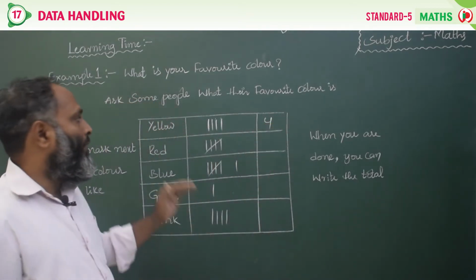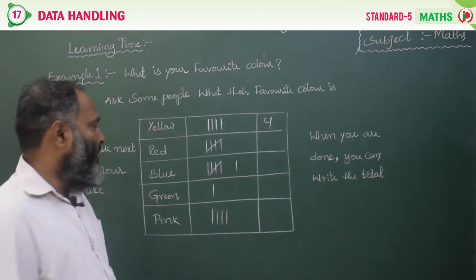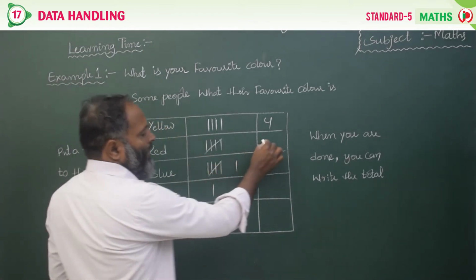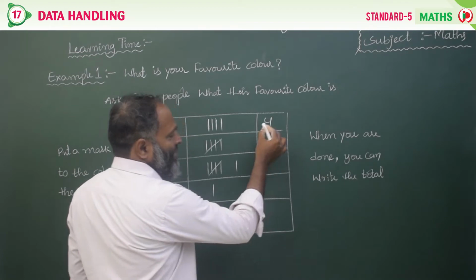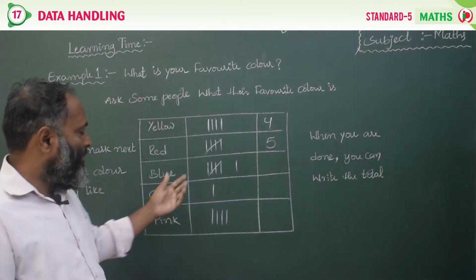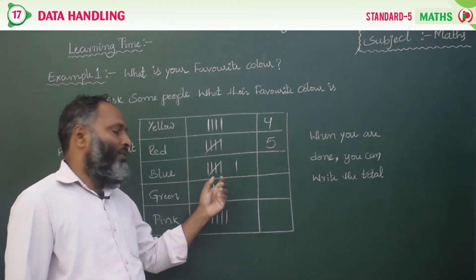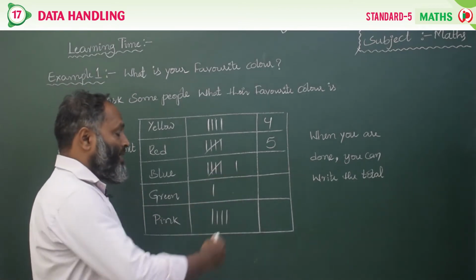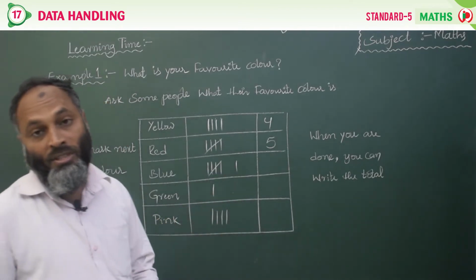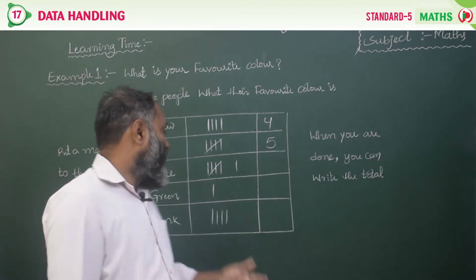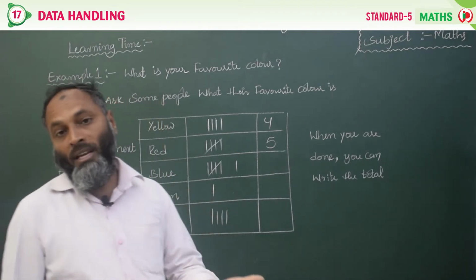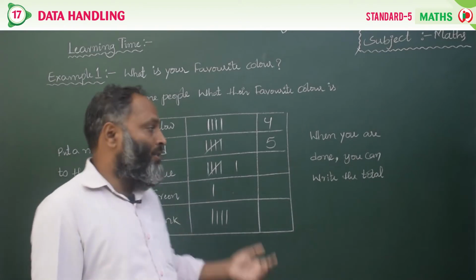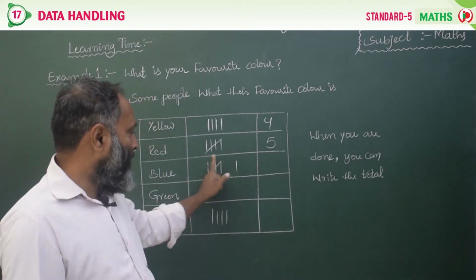4 people's favorite color is yellow, and 5 people's favorite color is red. By seeing only, we can say this is a group of 5 lines. So this is 5 and this is 6. So it is easy to say how many people like blue.